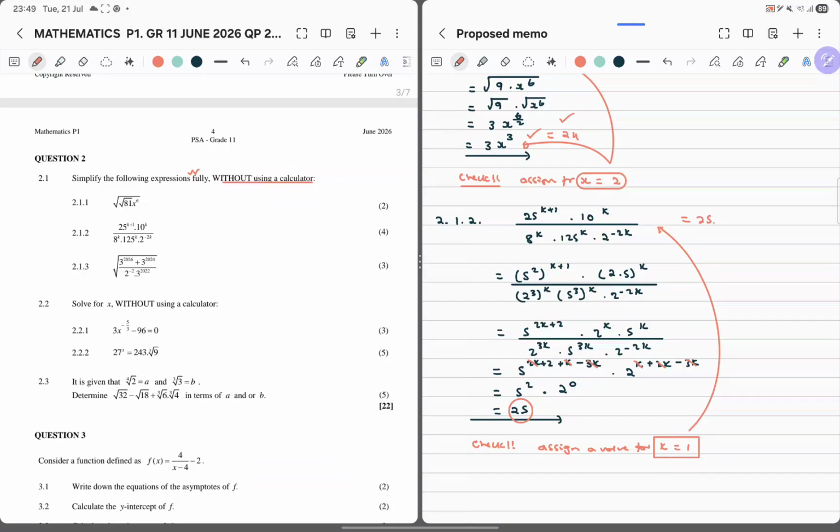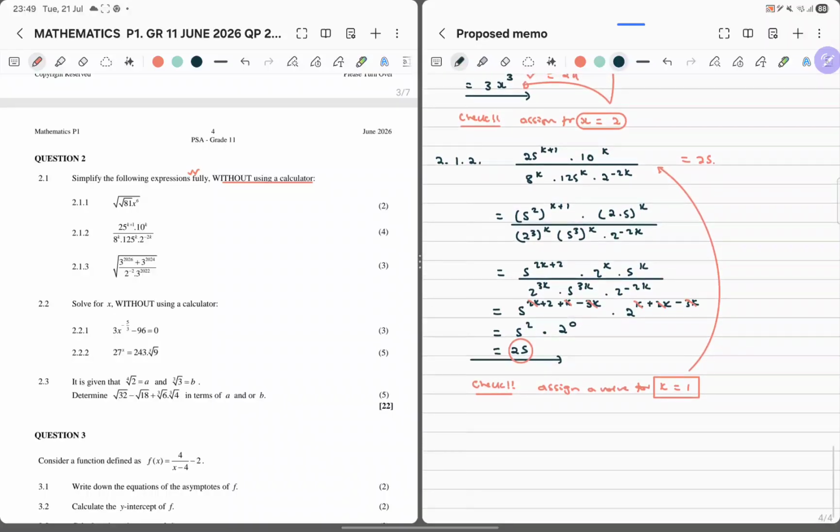So please, guys, do not take these things for granted. Remember, in maths, you don't know what the answer is. You've not seen the memo, but you can be assured when you check solutions to most of the problems, not all. But there are some questions where essentially the procedure is key.